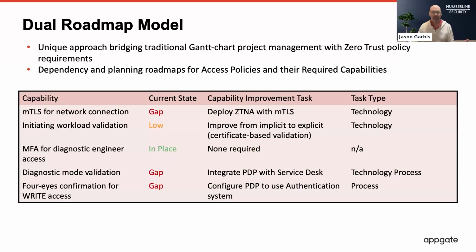So to address that gap, the organization has decided we need to deploy some sort of ZTNA solution like AppGate that provides us with this MTLS capability. Now we have that, and we can begin to utilize the access policies that require that. So that dual roadmap is an important part of the overall roadmap planning phase.